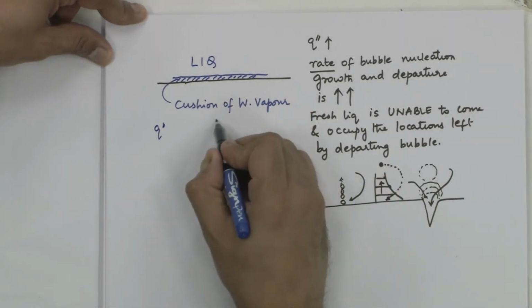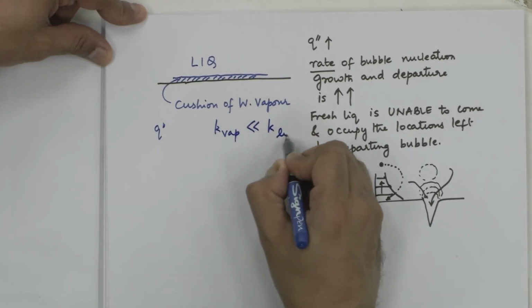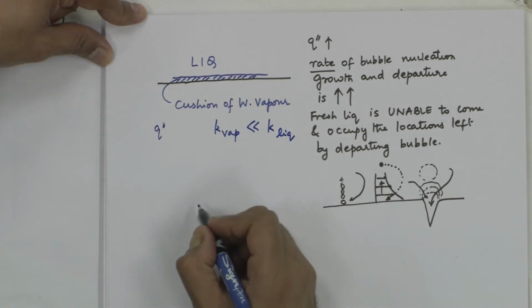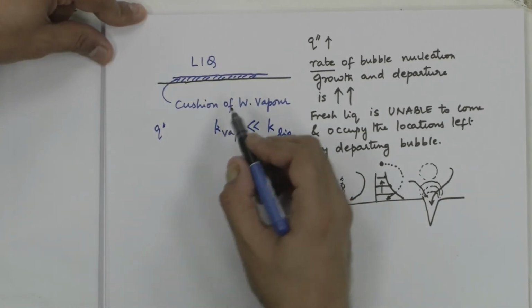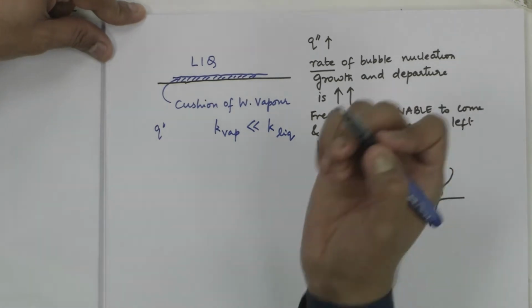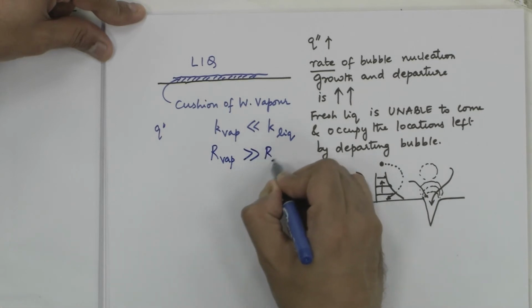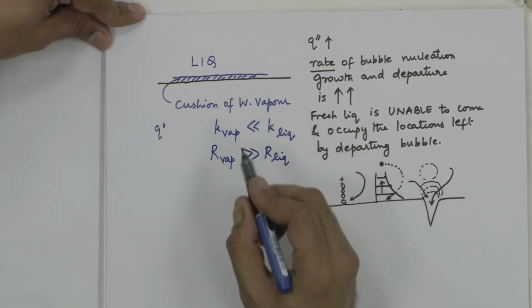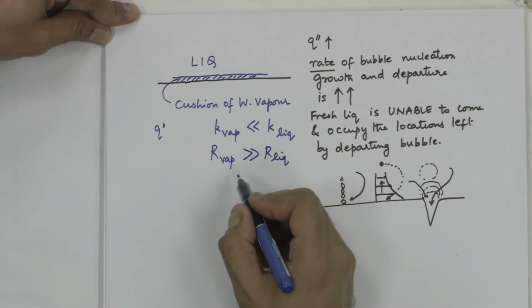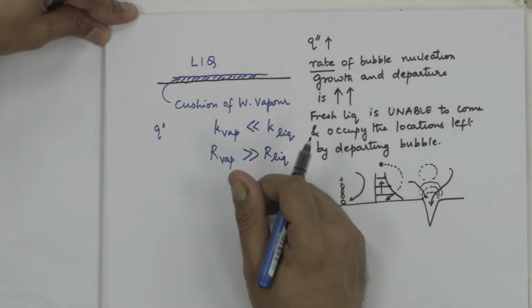This cushion, the thermal conductivity of vapor is much lower compared to the thermal conductivity of liquid. Therefore, your resistance to heat transfer across the vapor film is going to be very high. R vapor is going to be much greater than R liquid, and therefore the film is going to act as an insulation to prevent further heat transfer.